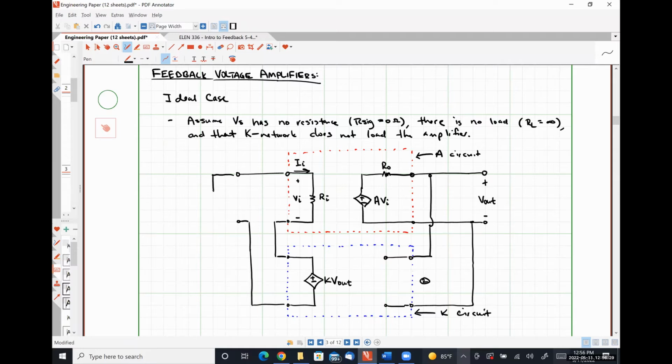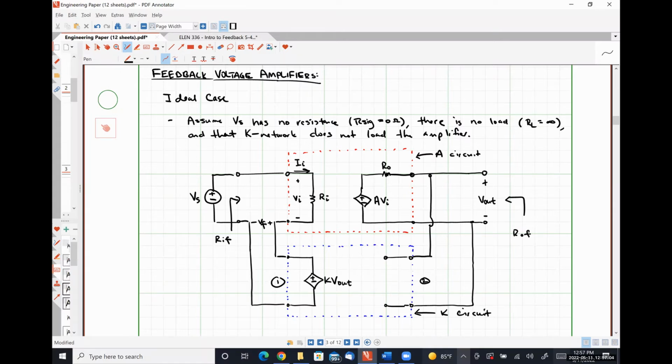And here is my source or signal voltage Vs. Here's my feedback voltage, Vf. This is port 1 of my feedback network. And I measure my input resistance with feedback looking in through this set of terminals. And I measure my output resistance with feedback looking in through this set of terminals.